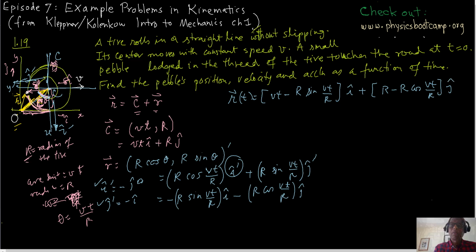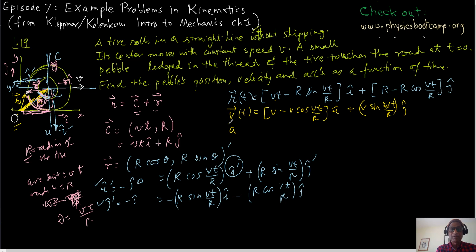Well, what will be the velocity? Velocity will be just take a derivative of this. So this derivative will give me v, and this derivative will give me from here also minus v cosine vt over R I hat. This will go to 0 and this will come up plus v sine vt over R j hat.